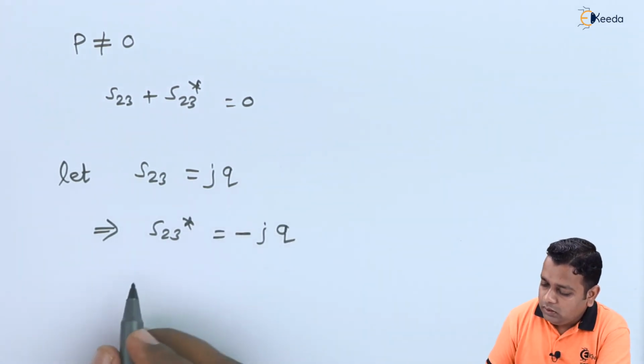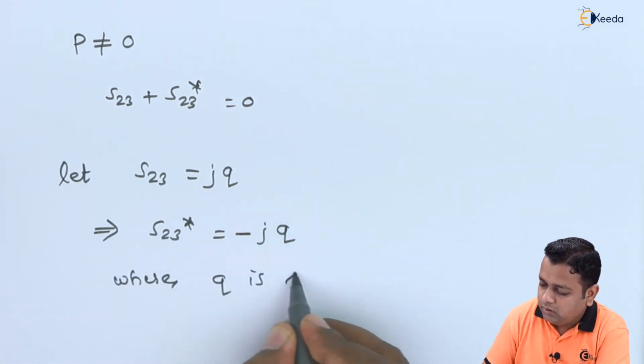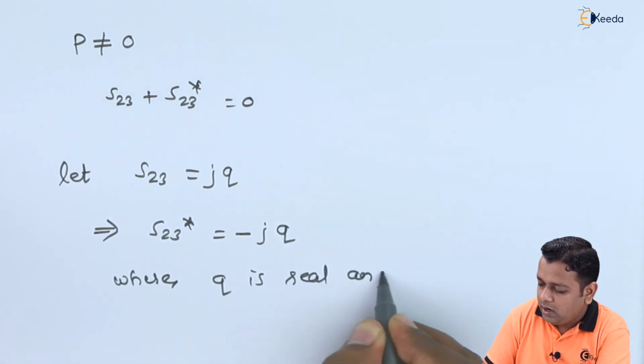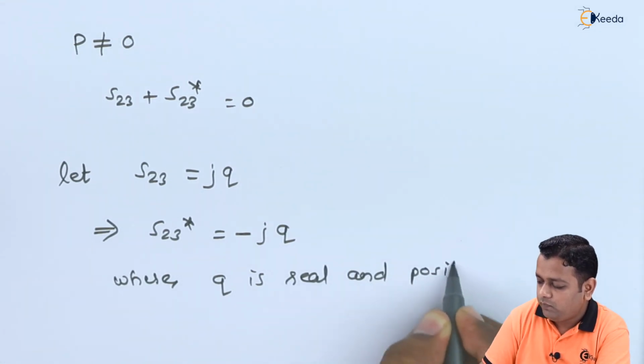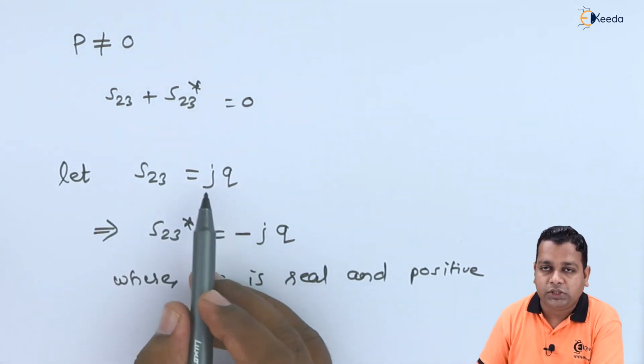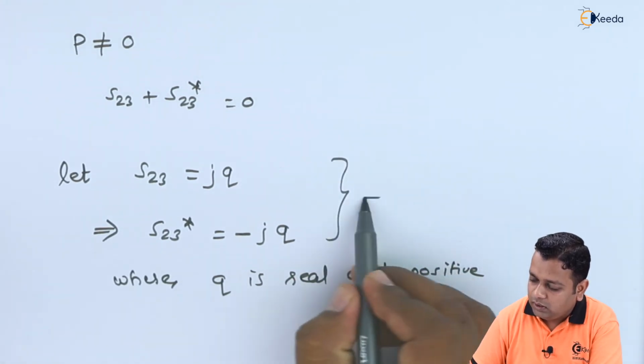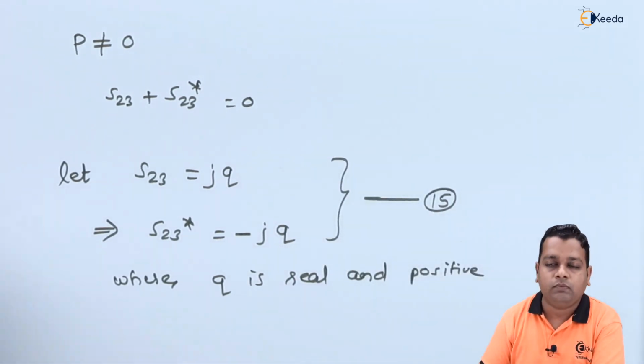Where small q is real and positive. So the representation of S23 as JQ and S23 conjugate as minus JQ, we can represent by equation number 15 here.